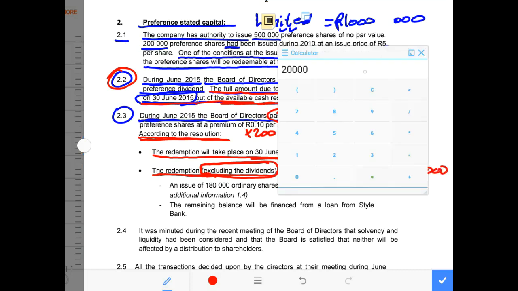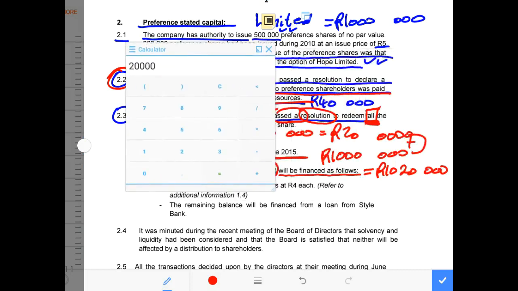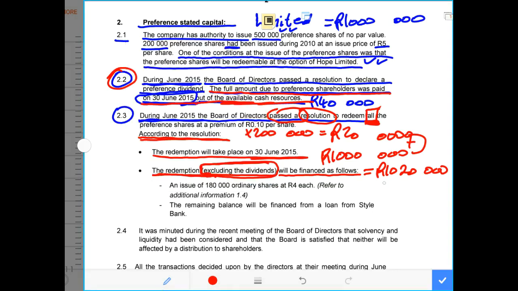If we add the two, it should give us 1,020,000. 20,000 the premium plus 1 million. That will be 1,020,000 rands. That means now the company has to pay the preference shareholder 1,020,000 rands. This is what the company owes to the preference shareholder.